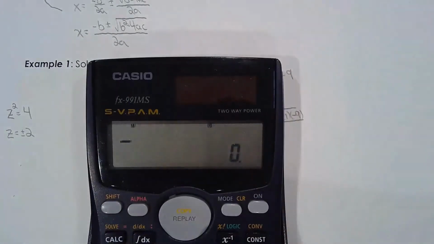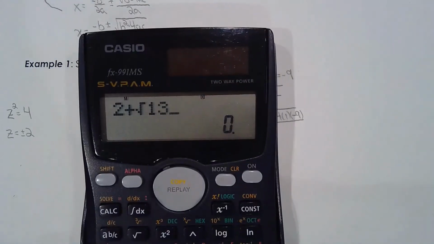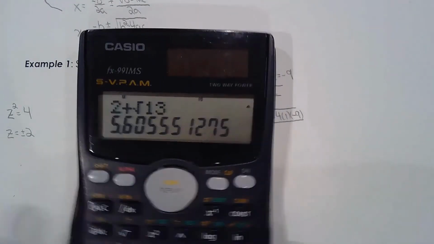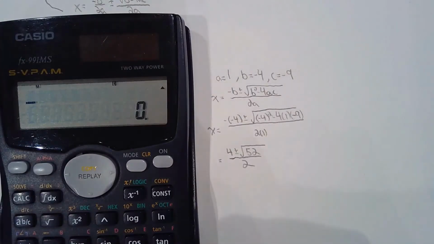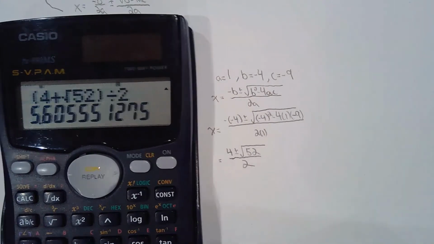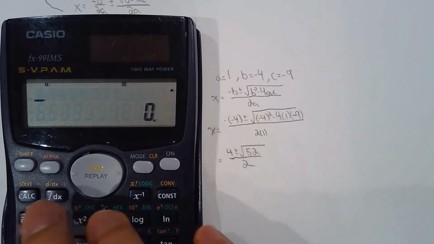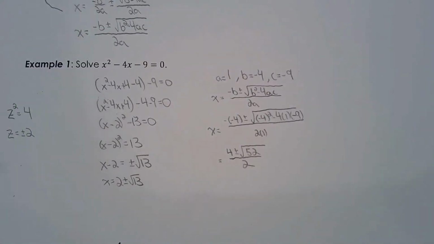So let's say 2 plus root 13 is about 5.6. So how about 4 plus root 52 over 2? Hey, what do you know? 5.6. So I promise you they are equivalent. They just look different, but they're truly the same.